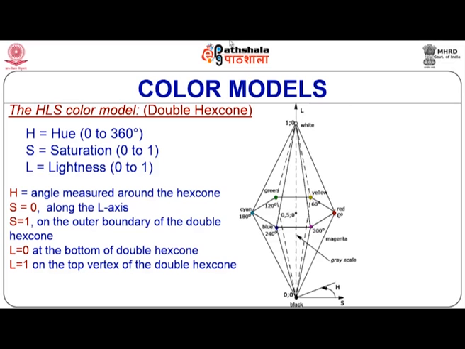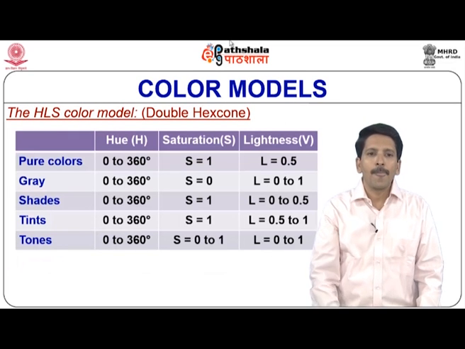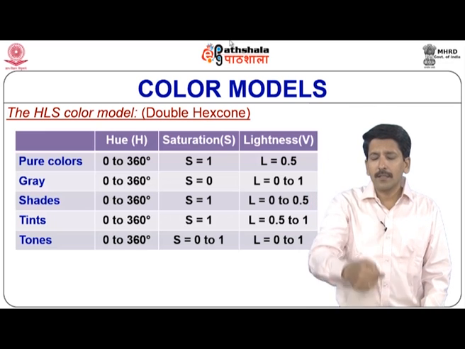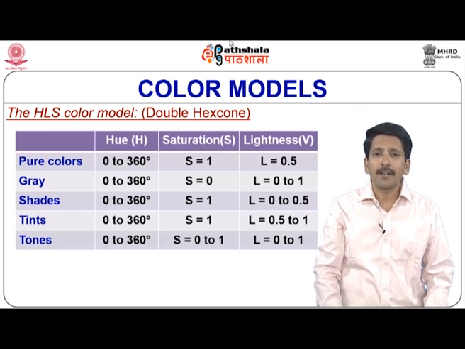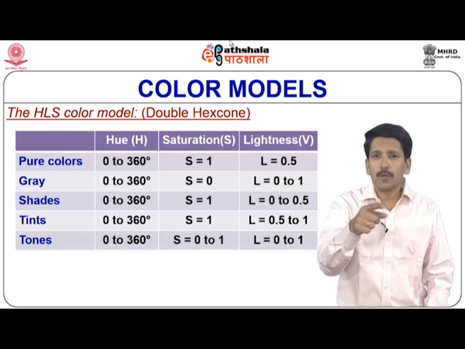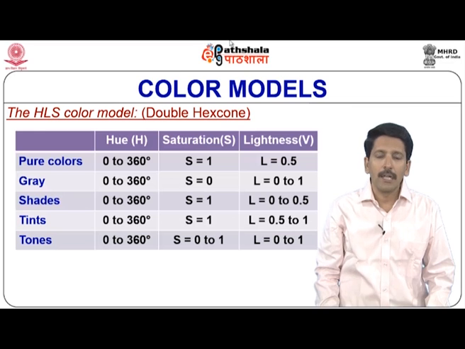For pure colors, L is 0.5, H is 0 to 360, the same angle, and saturation S is 1. Gray is the central line connecting all colors that lie on the axis connecting the black and white vertices, so L is 0 to 1, S is 0 and H is 0 to 360.